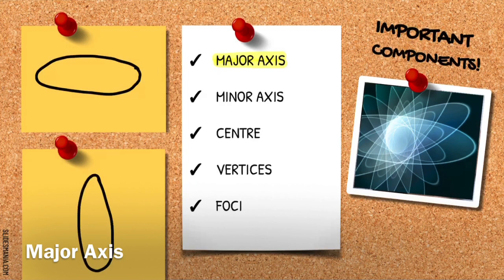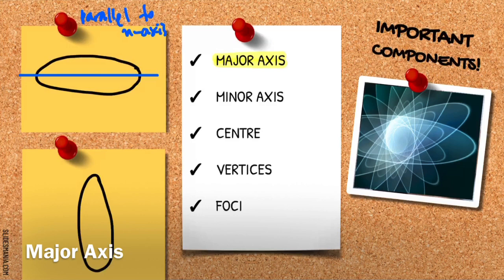Let me show you where the major axis is. In the first, your major axis cuts through the middle here, and we call our major axis parallel to the x-axis, since it is a horizontal line.